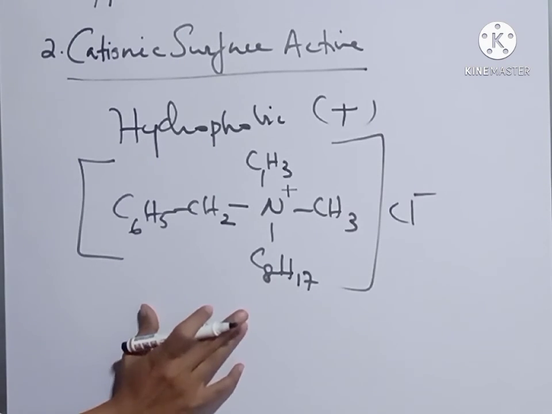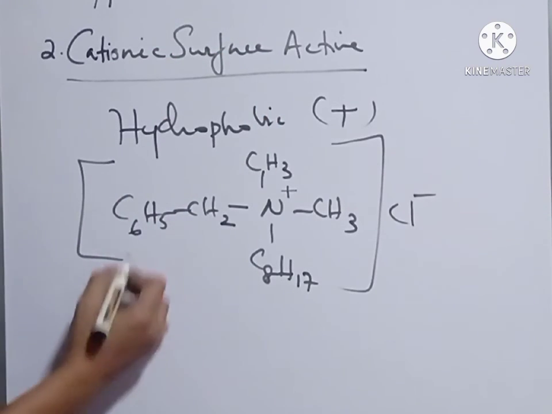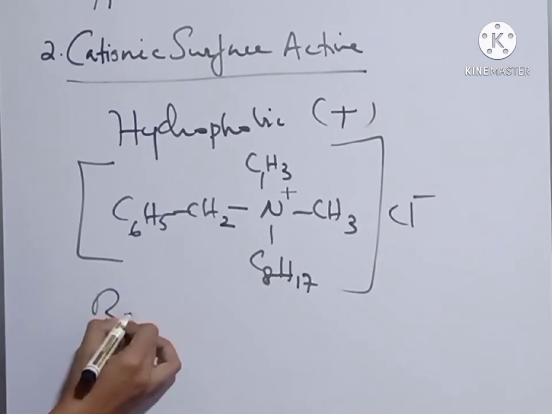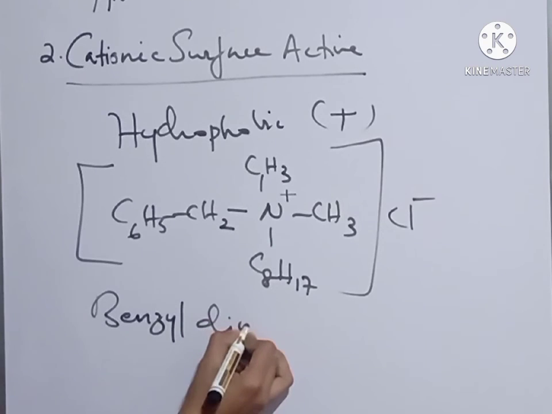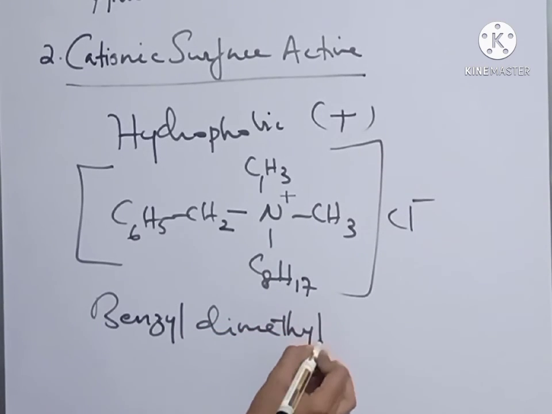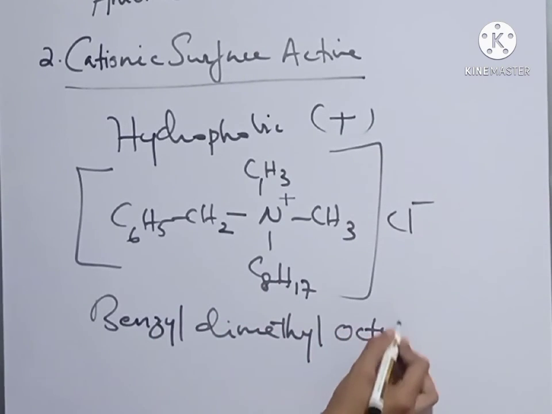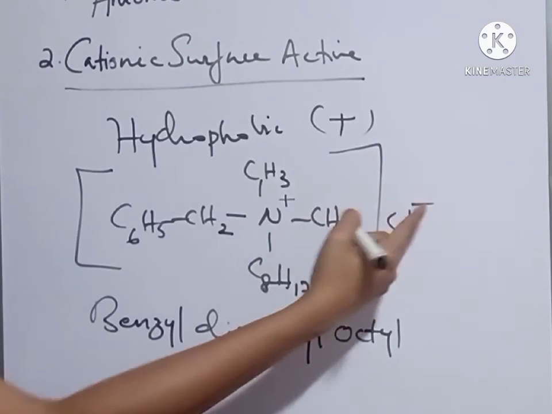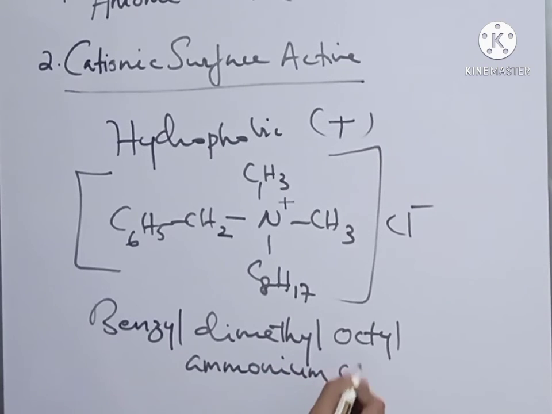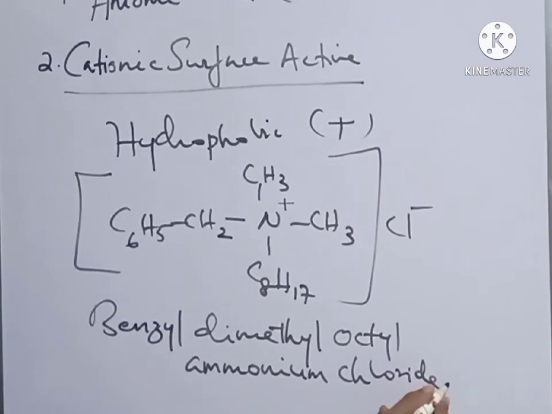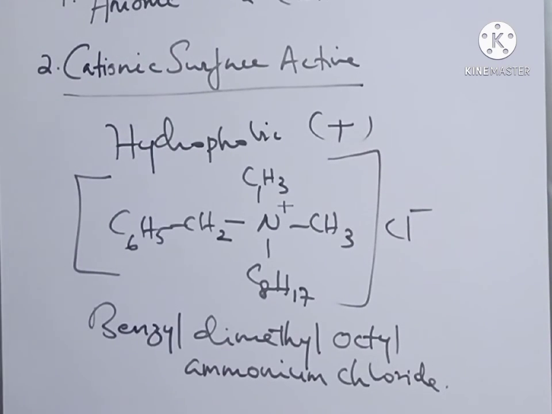So this is a particular example of cationic surface active syndet, and this is benzyl dimethyl octyl ammonium chloride.